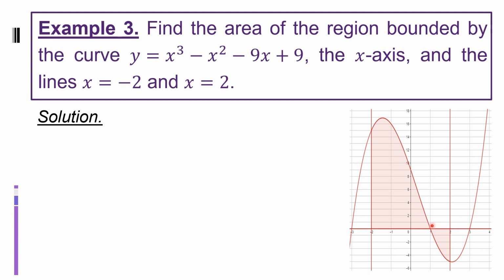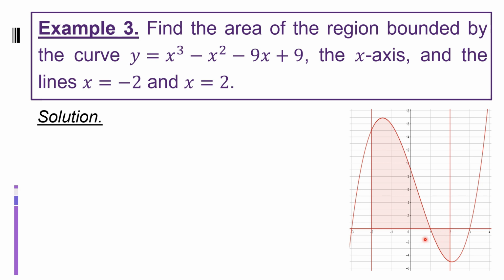So we know that itong area sa baba, pwede natin kunin ito by taking the negative of the definite integral. Pwede natin kunin yung definite integral from negative 2 to that point, and then that point to 2. Tapos kunin natin yung sum ng dalawang area na yon.